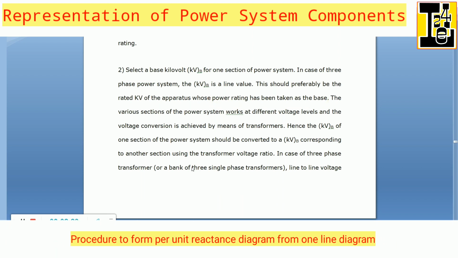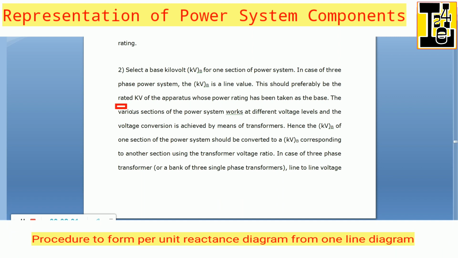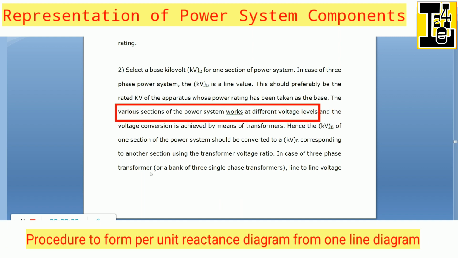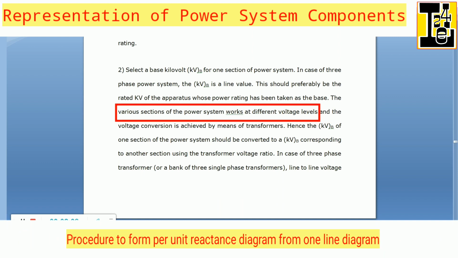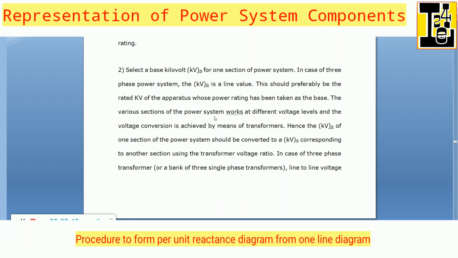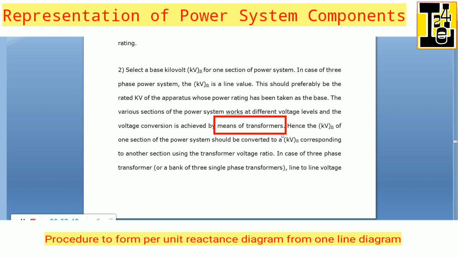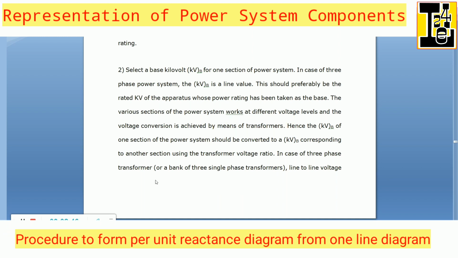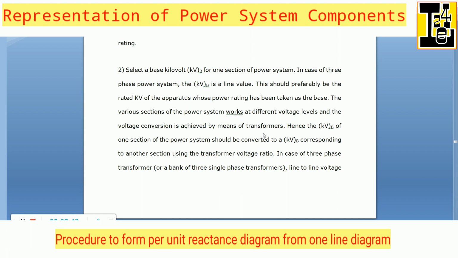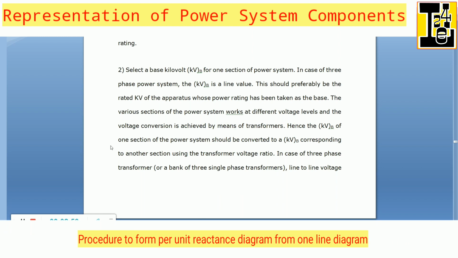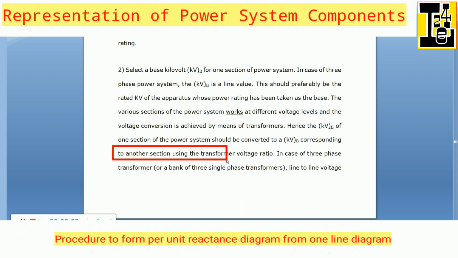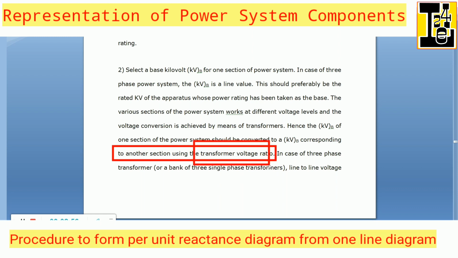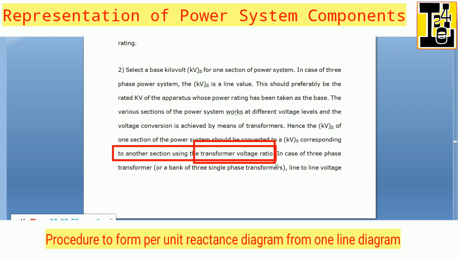The various sections of the power system work at different voltage levels, and the voltage conversion is achieved by means of transformers. Hence, the kV base of one section of the power system should be converted to the kV base corresponding to another section using the transformer ratio or the transformer voltage ratio.